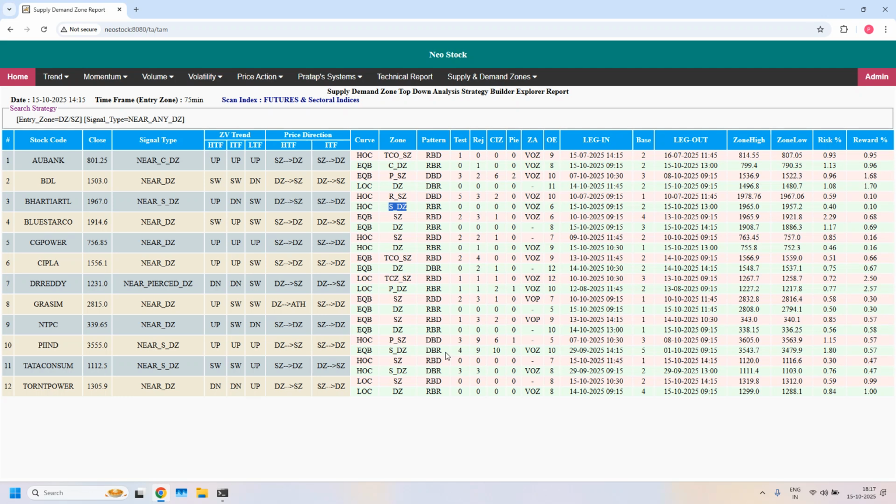Third, PI Industries is having a 75 minutes high liquidity demand zone, and also Tata Consumer is having a 75 minutes high liquidity demand zone. So in total we identified 4 75 minutes high liquidity demand zones from this list.